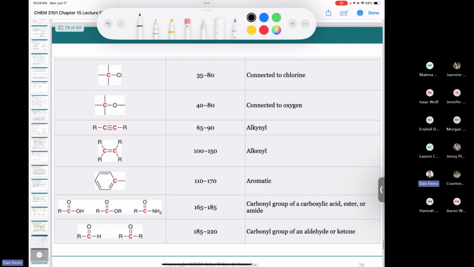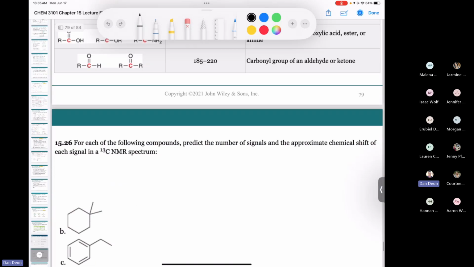You see chlorine is here. Oxygens, alkynyls, like I said, 60 to 90. Alkenyl, again 100 to 150. Aromatic, 110 to 170. Esters, amides, carboxylic acids are a little bit lower. The kings of the castle would be an aldehyde or a ketone that have really high chemical shifts. Now, I went over those pretty quickly, but the best way to master it is to try it.